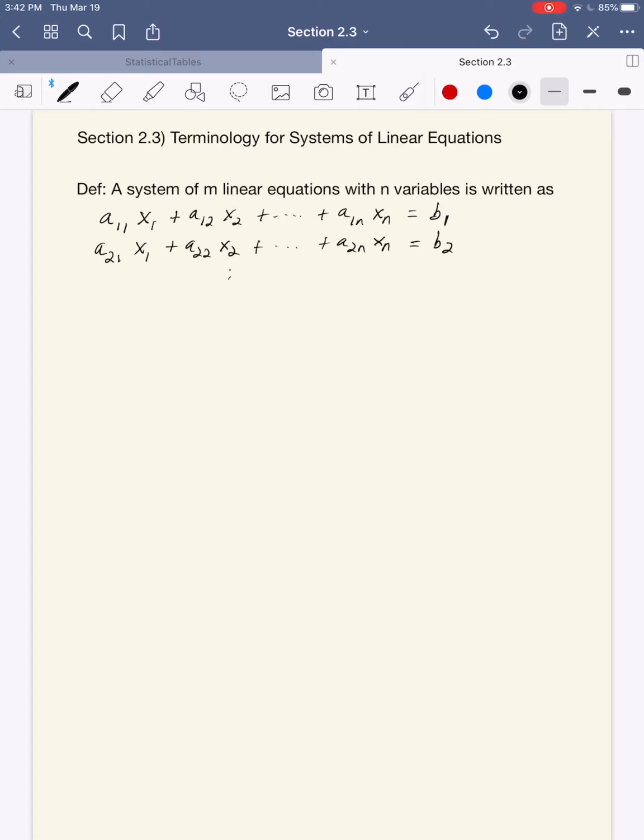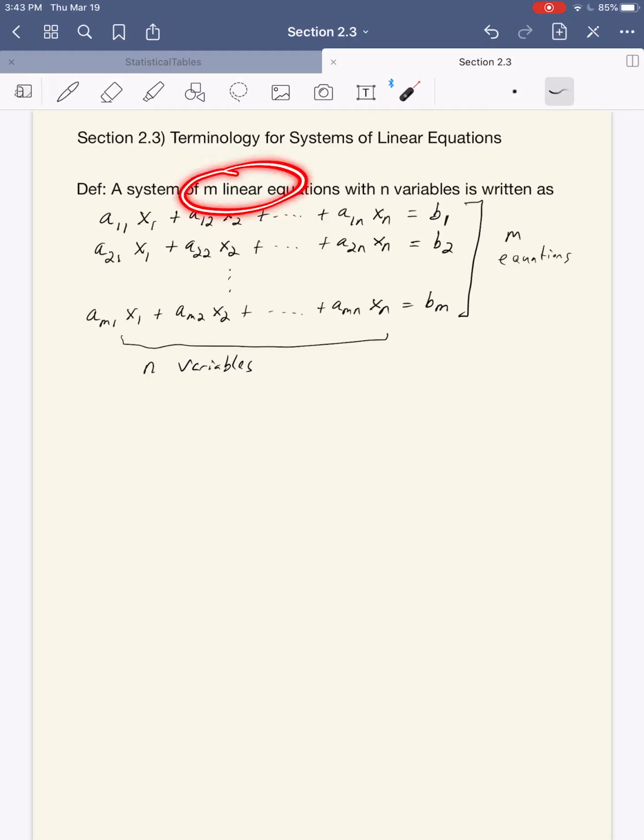And of course, this would continue until we reach our mth equation, am1x1 plus am2x2 plus all the way down to amnxn, and that would be equal to b sub m. And as you can see, in this condensed notation, there would indeed be m different equations here. And if we look over here, there are indeed n variables. So that's what it means to write down a system of m linear equations with n variables.